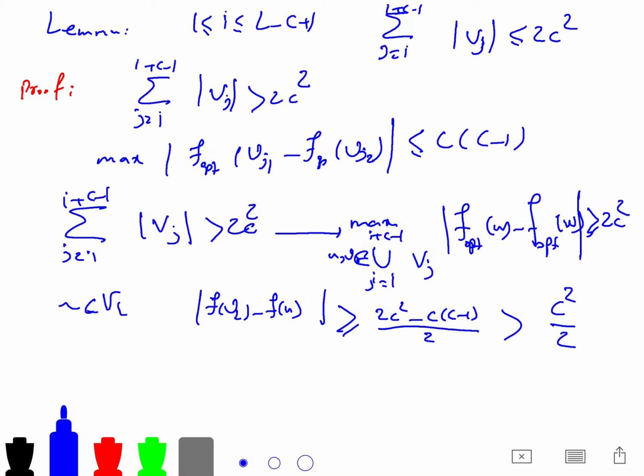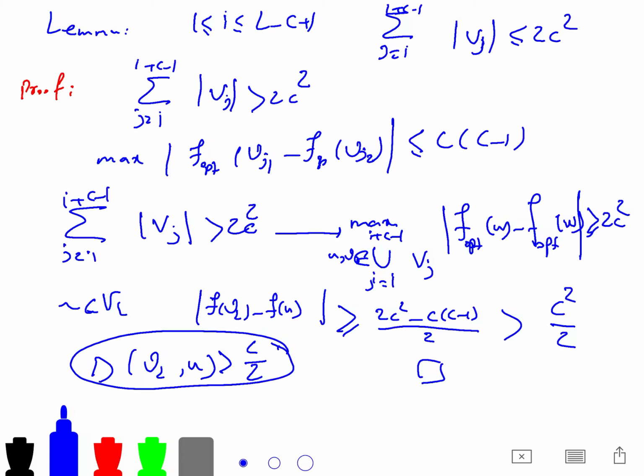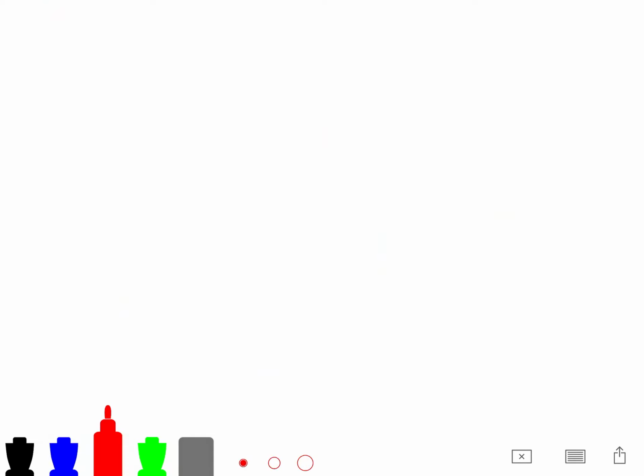And since the expansion is at most c, we have the distance between VL and u is greater than c over 2. And this is a contradiction with the previous lemma that I have proved. This is less than that one, and this is the contradiction.